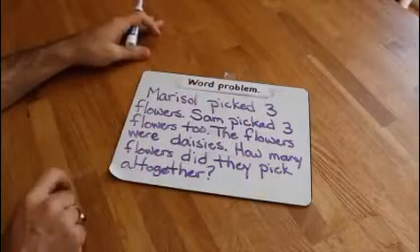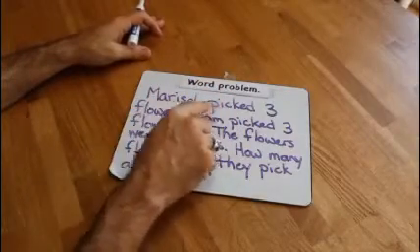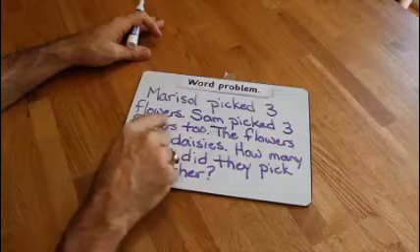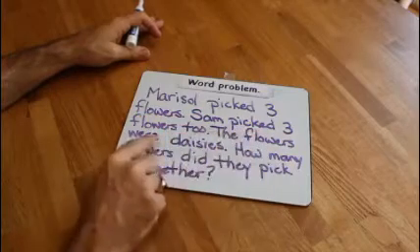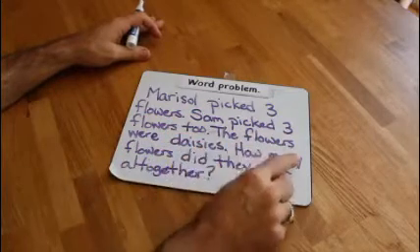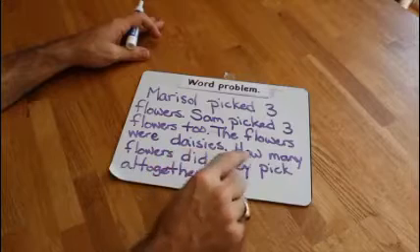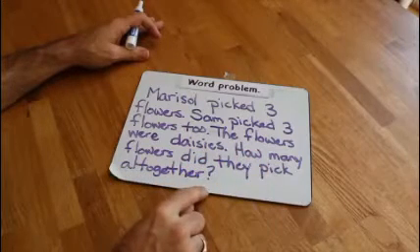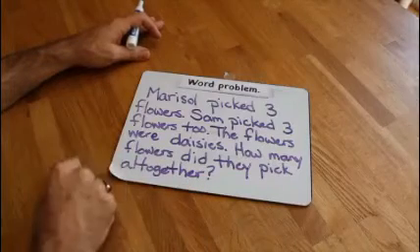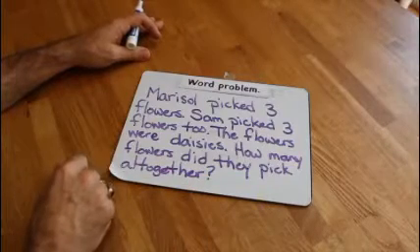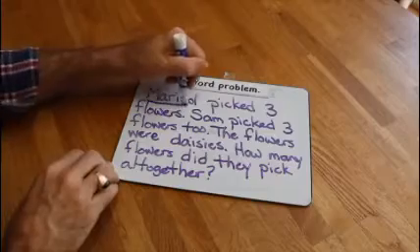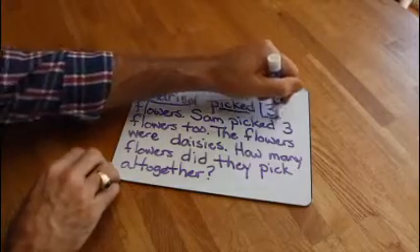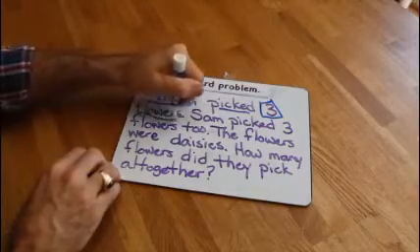Word problem. Marisol picked 3 flowers. Sam picked 3 flowers too. The flowers were daisies. How many flowers did they pick all together? Okay, let's go back after you do your mental math. Let's get that good information. Marisol picked 3 flowers.